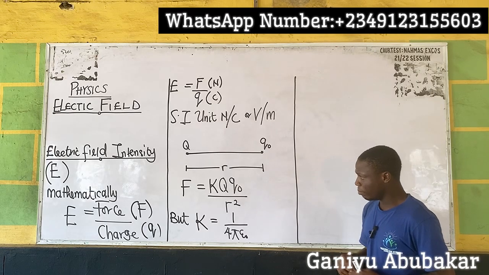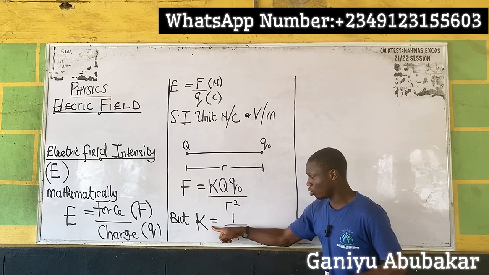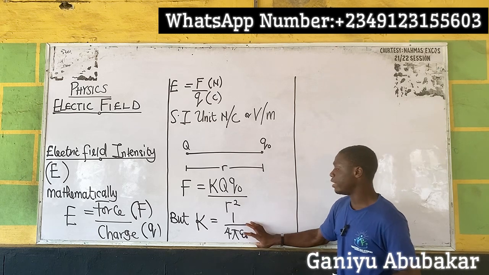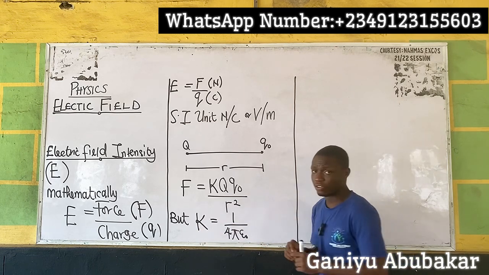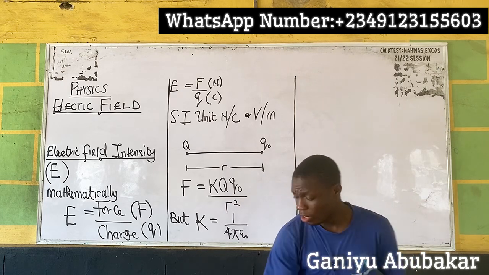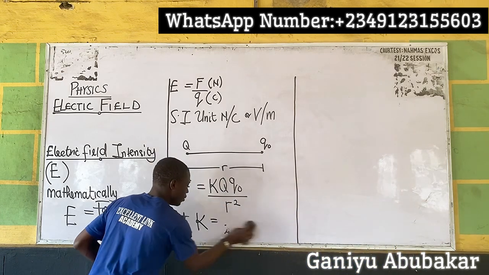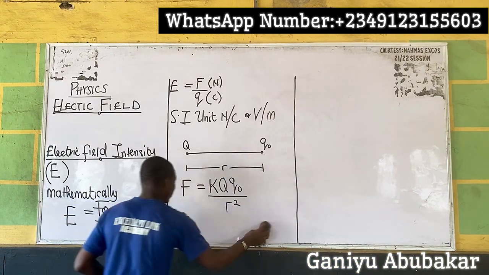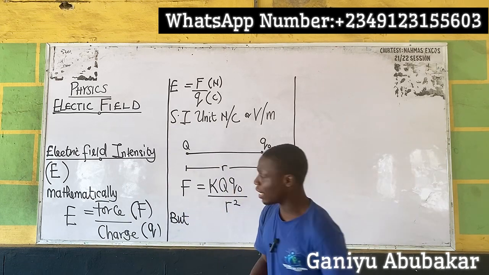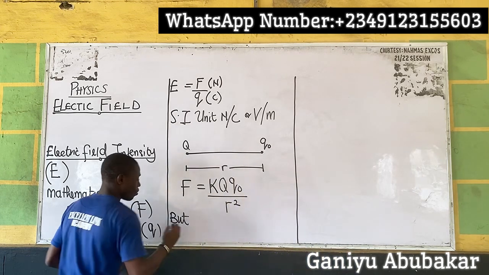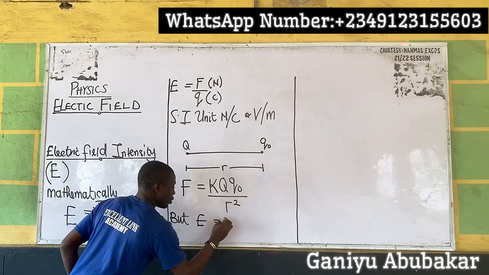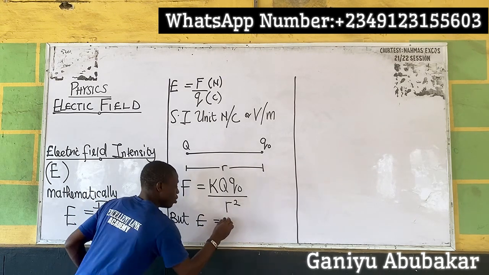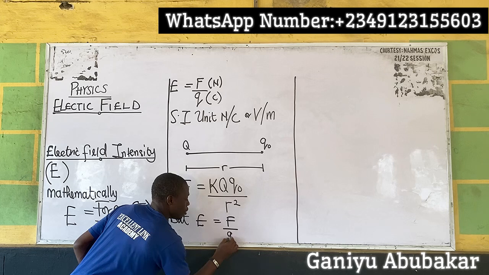All right, before I recall k equal to 1 over 4 pi epsilon naught, let's spend this one first. I'll show you one derivation. At this junction here, we just established that capital E is equal to F over q.